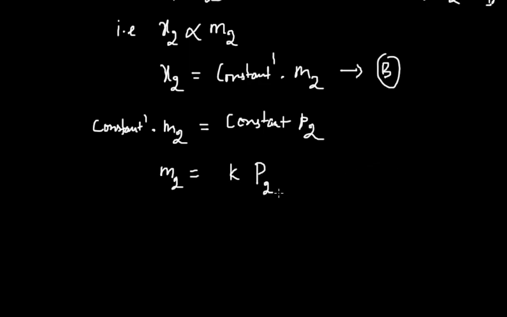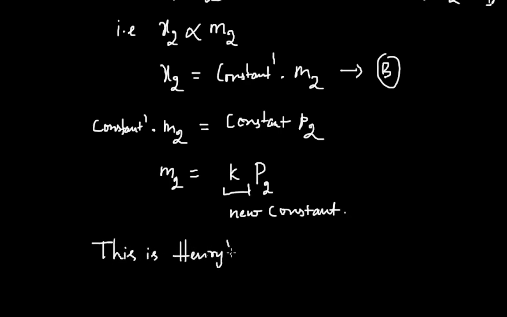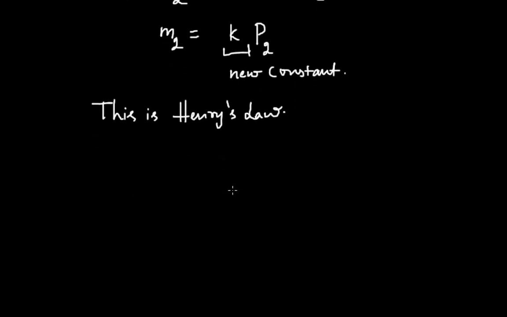K is a constant, so this is your Henry's law, which states that the solubility of a gas in a liquid is directly proportional to the pressure, which means the solubility of a gas in a liquid increases with the increase in the pressure of the gas.